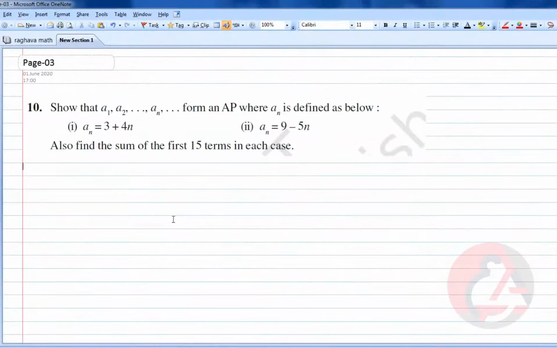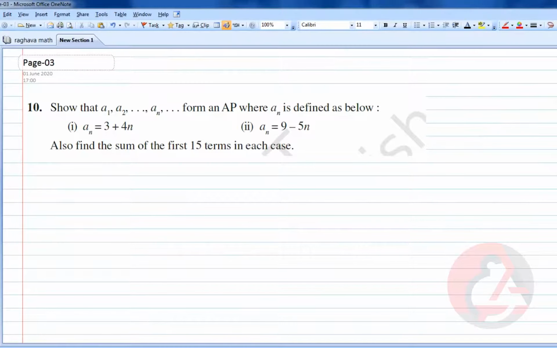Start the 10th one. He gave a1, a2, a3. Show that a1, a2, and so on, an form an AP where an is defined.